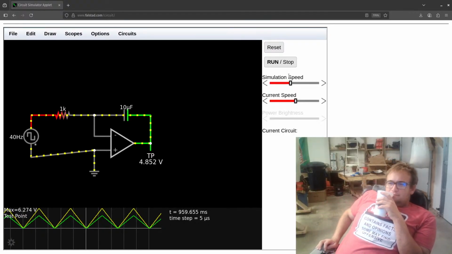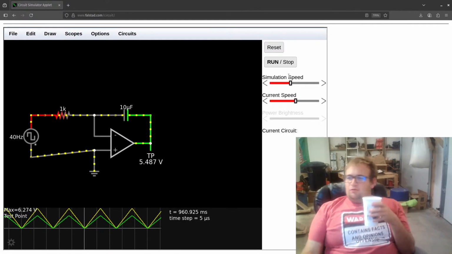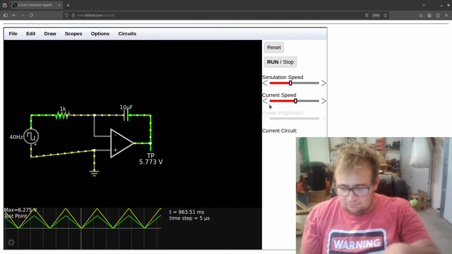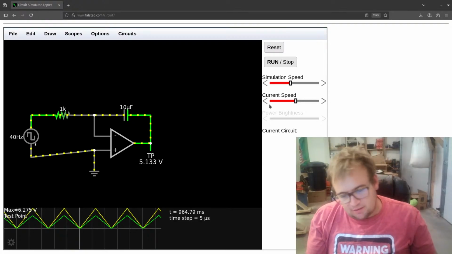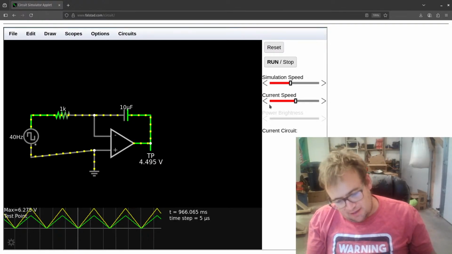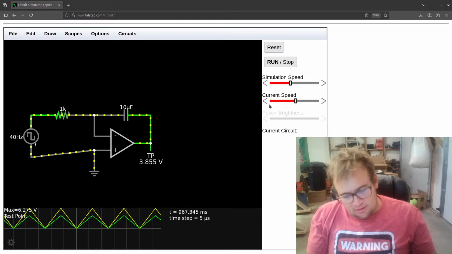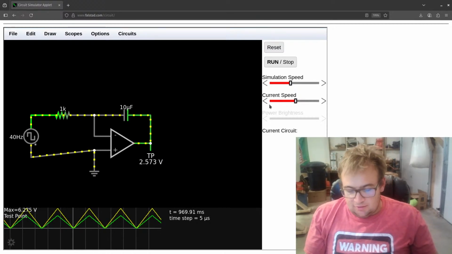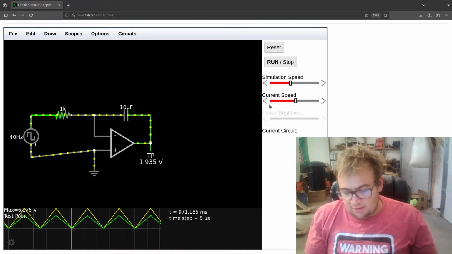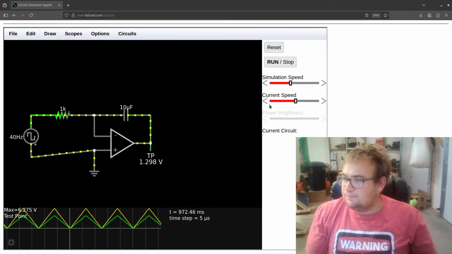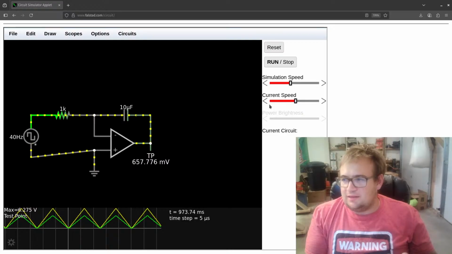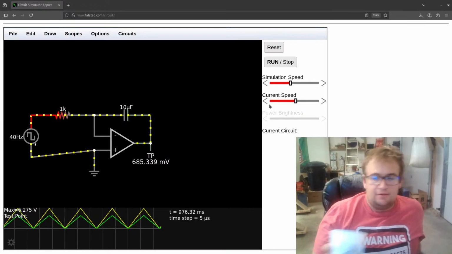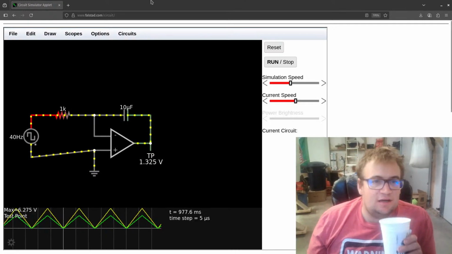But, you know, let's look at the ones from Falstad itself. Now in the book it starts talking about non-ideal op amps. So, I think we can just go on and do some other ones for the rest of this.